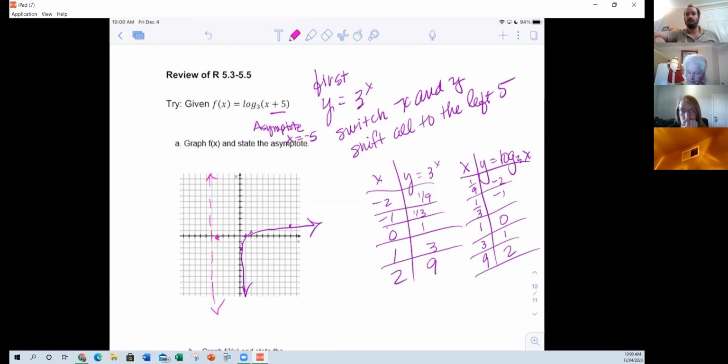And what did we say? 1/3, 1 would become -4, 1. 3, 1 would become -2, 1. And 9 would become -1, 2.